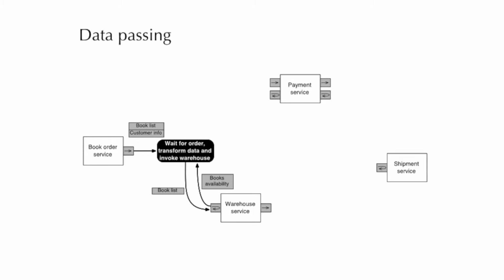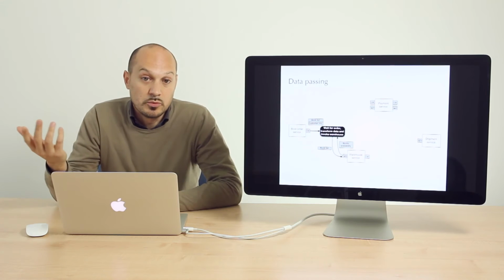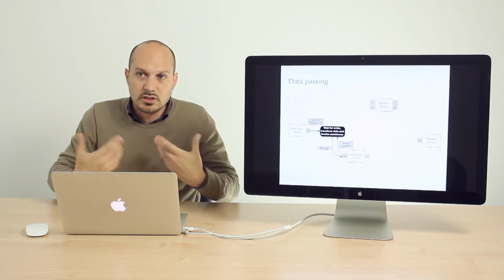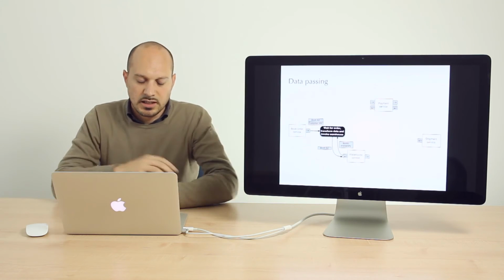In response to this input, we forward the list of books to the warehouse. Then the warehouse service checks whether the books are already in stock or not, and provides us with a book availability checklist or similar. Based on this checklist, what do we do when we want to integrate these services and we want to provide a service again?